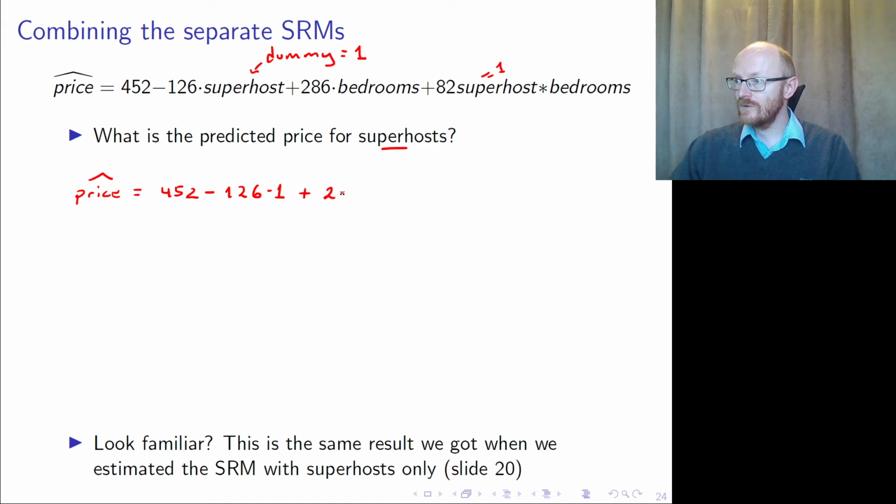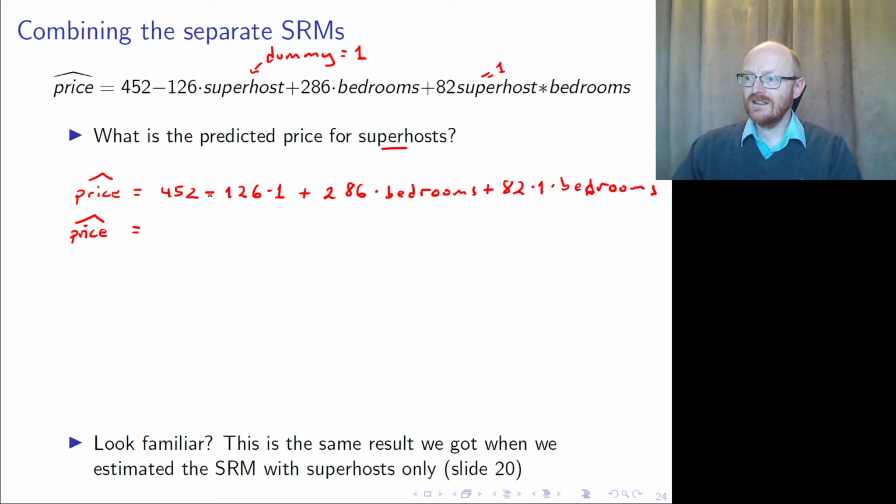plus 286 times bedrooms plus 82 times 1, because superhost is 1, right, times bedrooms, which equals 452 minus 126, which is 326, plus the 286 times bedrooms plus 82 times bedrooms.